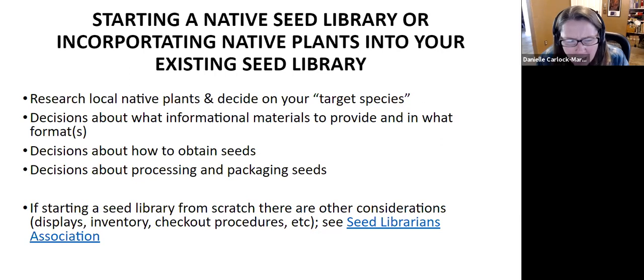Because of time, I won't be able to go into all the other components of starting a seed library, such as displays and inventory. But the Seed Librarians Association has some really good information on that. I'm just going to be really focused specifically on native plants, as opposed to starting a whole seed library from scratch. Next slide, please.